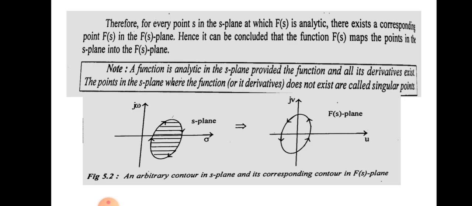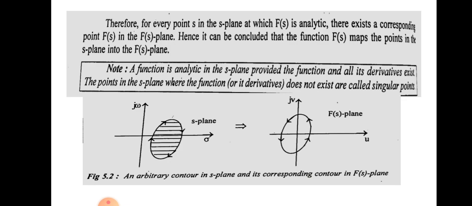So we can say that for every point s in the s plane at which F(s) is analytic, there exists a corresponding point F(s) in the F(s) plane. So we can say that the function F(s) maps the points in the s plane into the F(s) plane. Also, a function is said to be analytic in the s plane provided the function and all its derivatives exist.